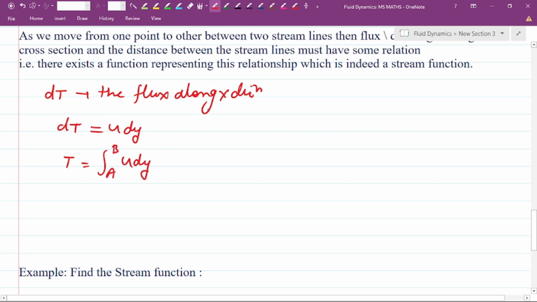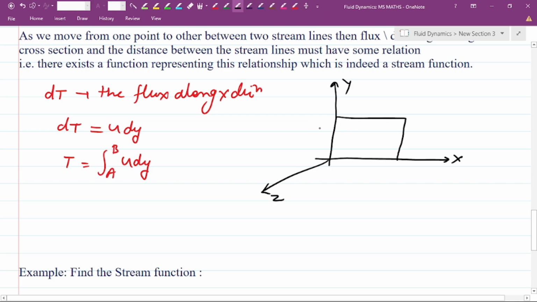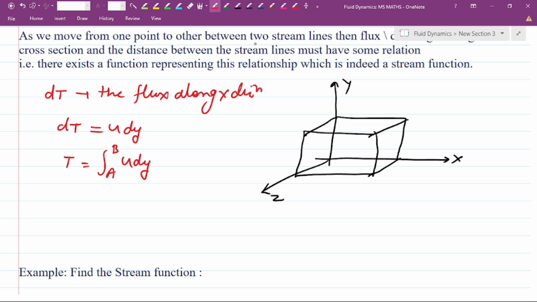What is the flux? The fluid flow from a particular region. Basically, it can be defined in such a way that it is the x-axis, the y-axis, and the z-axis. Then the flux is basically this particular region, or the fluid flow from this region is called the flux.